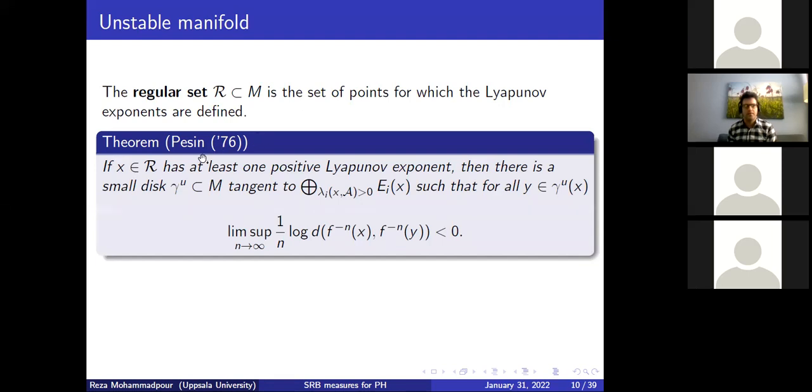Then we have a famous result of Pesin to say that if x belongs to the regular set R and has at least one positive Lyapunov exponent, then there is a small unstable disk gamma u tangent to the positive part, I mean, tangent to the Oseledets space where you have a positive Lyapunov exponent, such that for all y belonging to the unstable disk, the limsup of 1 over n log distance of f^{-n}y and f^{-n}x is smaller than 0 as n goes to infinity.